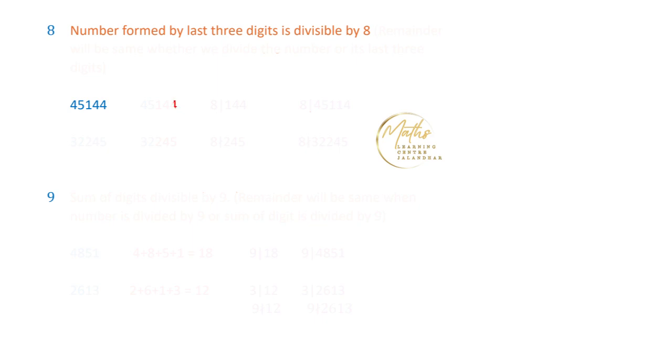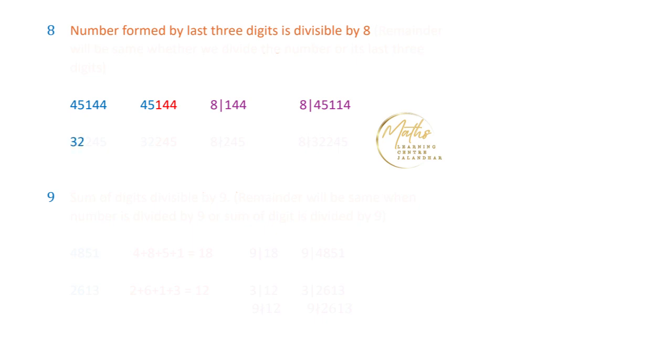The last 3 digits are 144. Now clearly 8 divides 144. So if 8 divides the number formed by the last 3 digits, then 8 divides the given number 45144.